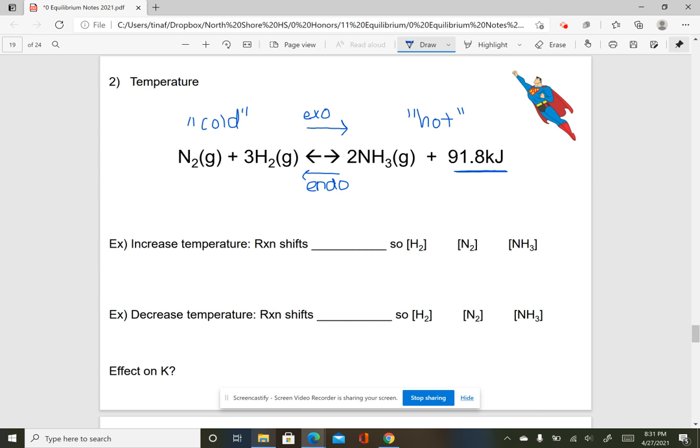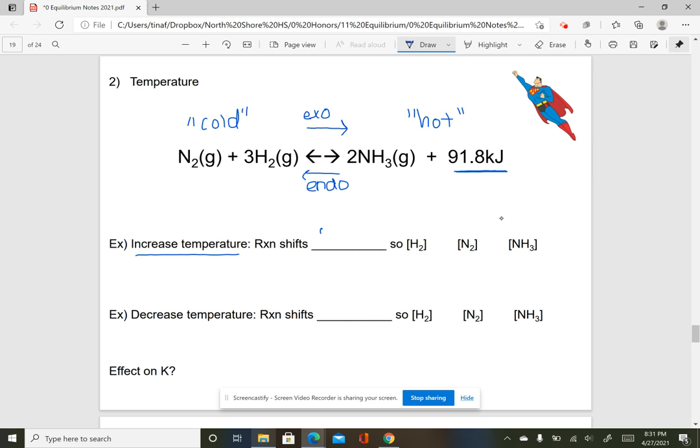So right now, this reaction is in equilibrium at a certain temperature. If I increase the temperature, that's considered a stress. The reaction is going to shift in the direction that will get rid of that extra heat. So the fact that we just labeled our hot and cold sides, which side of this equation is going to make the temperature go back down and undo my stress?